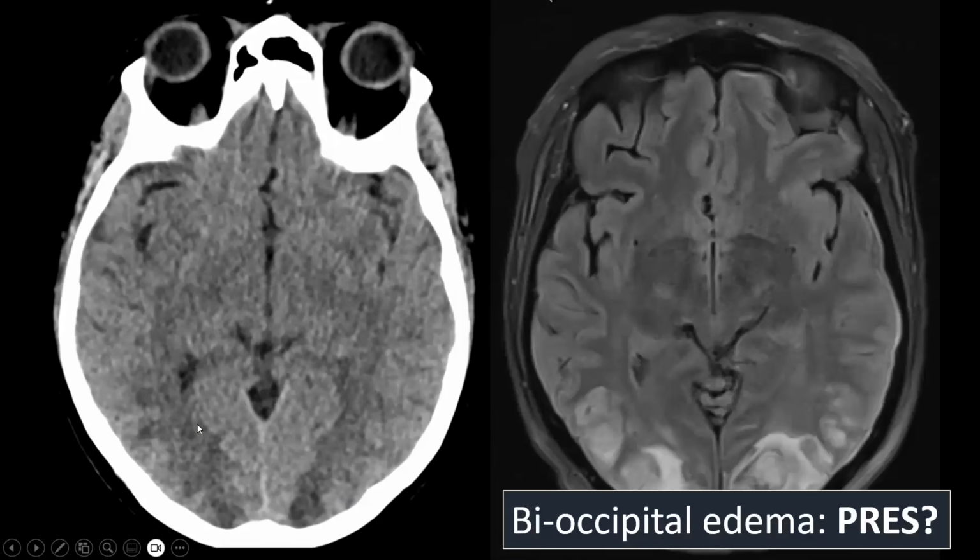This was PRES. PRES, posterior reversible encephalopathy syndrome. It's a syndrome characterized by often occipital or parieto-occipital edema mainly located in the watershed areas of the brain, and which can be seen in association with a variety of clinical situations such as malignant hypertension, acute kidney failure, certain medications such as chemotherapy, and also following delivery or in cases of eclampsia or pre-eclampsia.